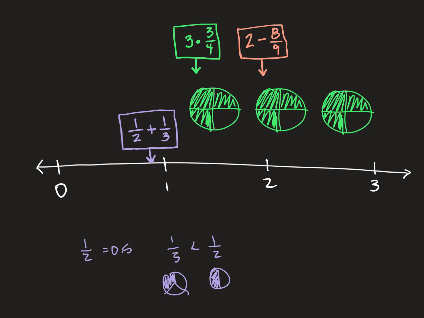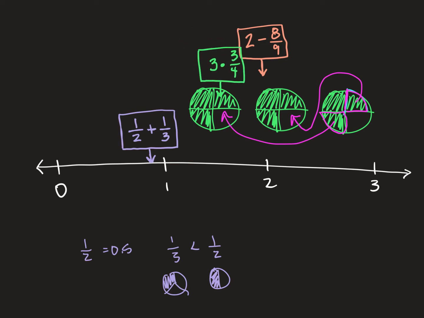And in fact, let's say we stole this 4th and filled it in here, and we stole this 4th and filled it in here, then I would have 2 that are whole and a little bit more. So really 3 groups of 3/4 is going to end up somewhere a little bit bigger than 2.